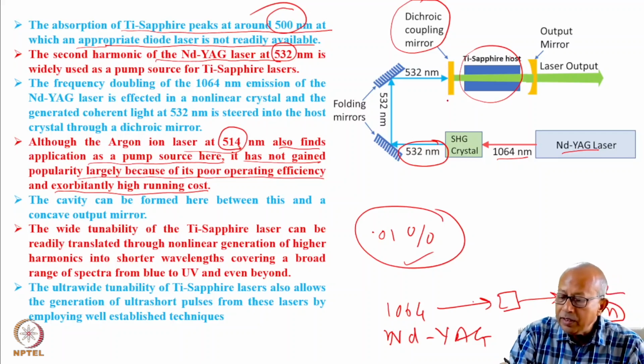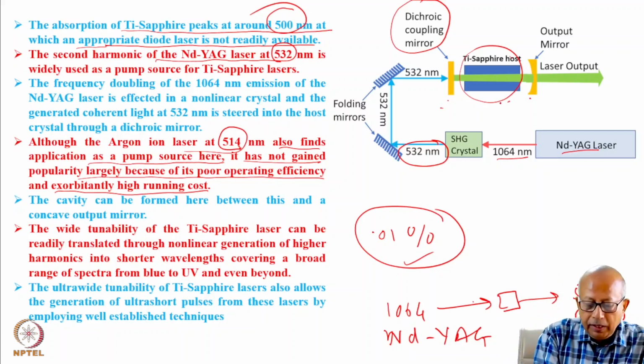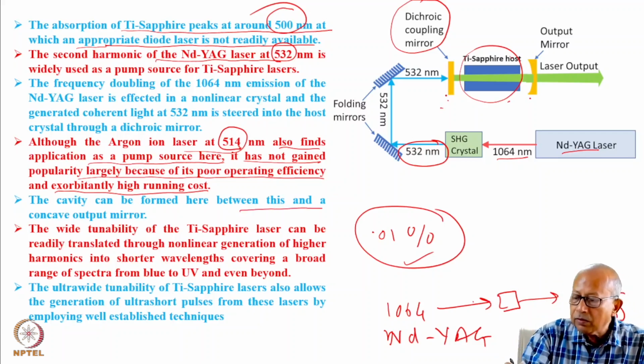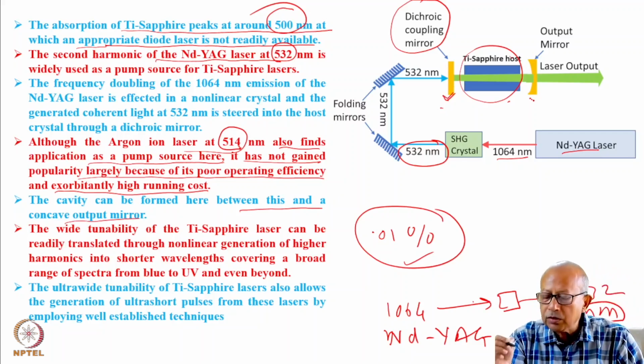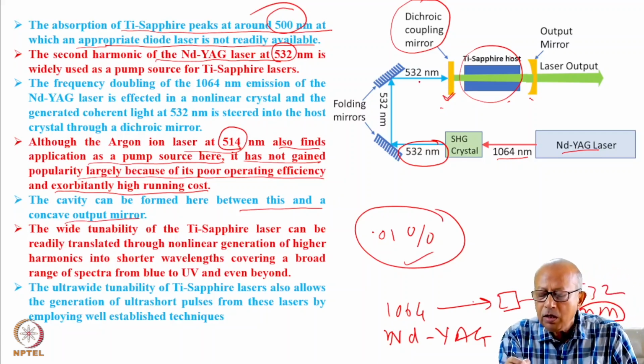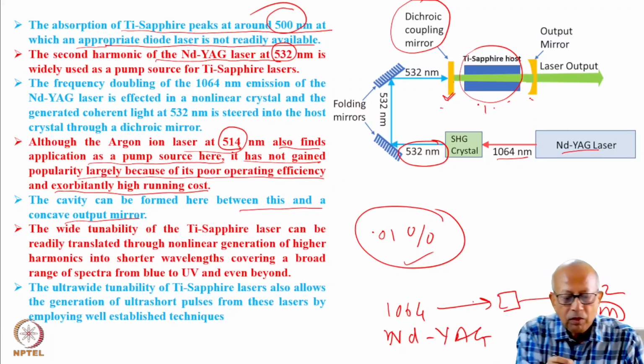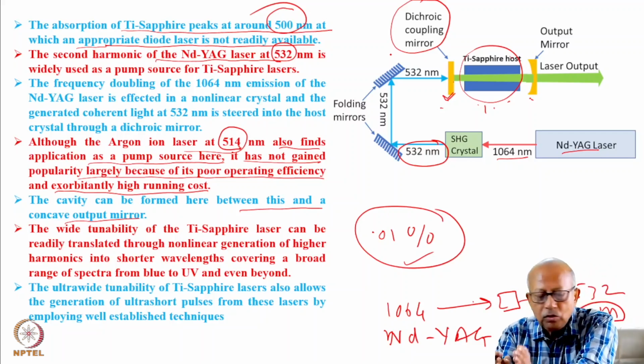The cavity of this laser can be formed between the dichroic mirror and a concave output mirror, which has been shown here. This dichroic mirror will transmit 532 nanometer but offer very high reflectivity at the wavelength at which this will lase.